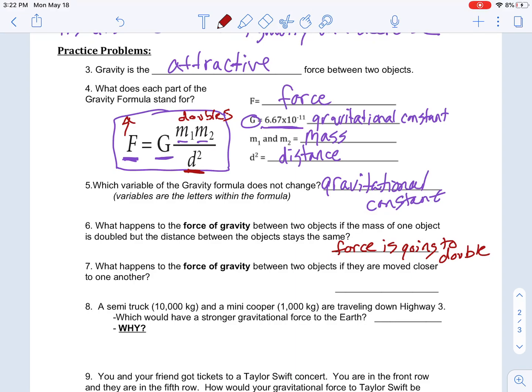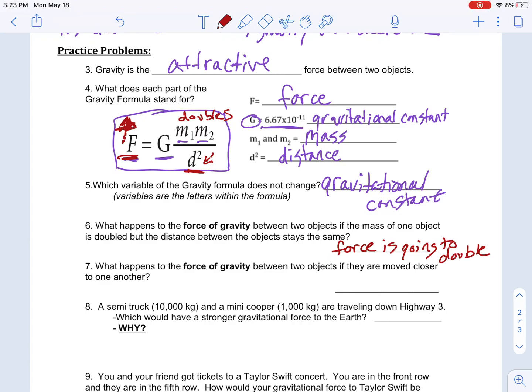Number 7, what happens to the force of gravity between two objects if they are moved closer to one another? Well, we can kind of think of this back in the notes. We know that if the distance is less, then there's going to be more of a pull. But if we also look at our equation here, if this D gets smaller, that's going to cause this F to go up.